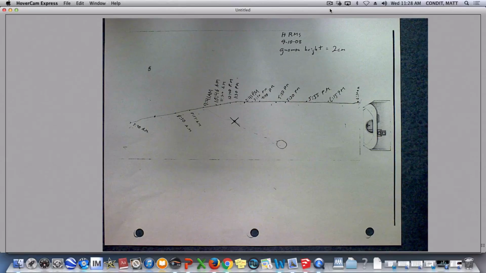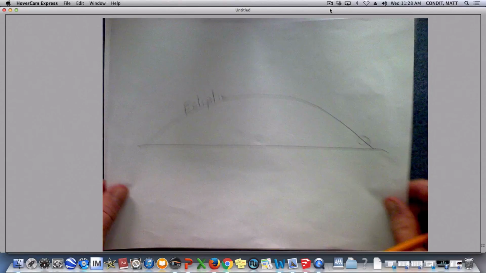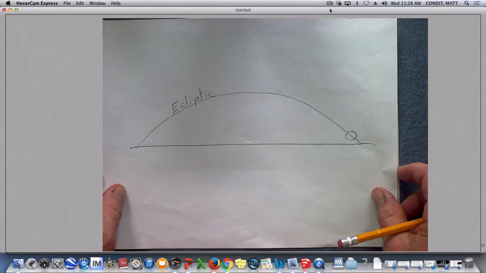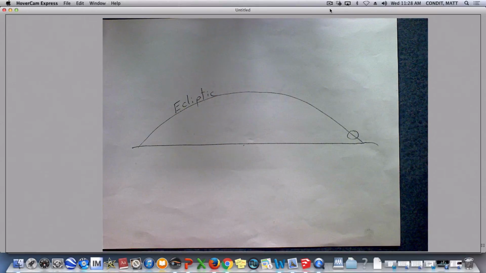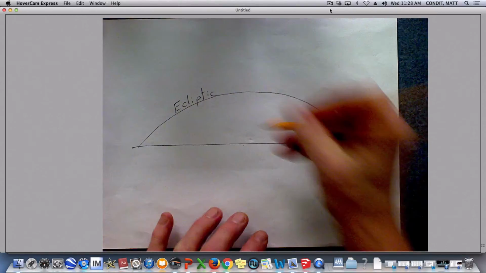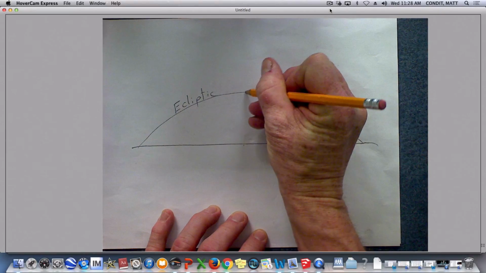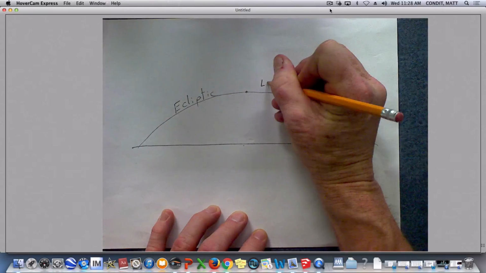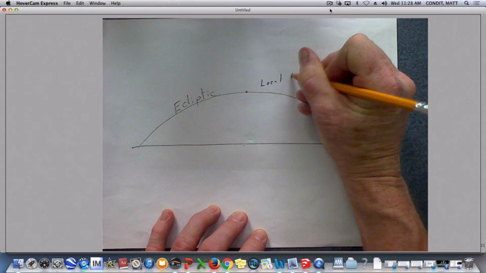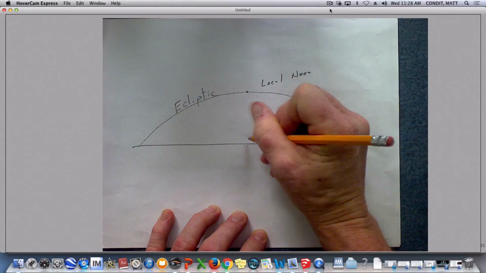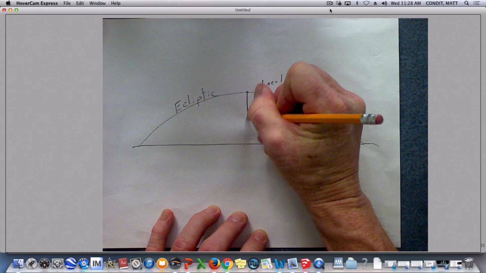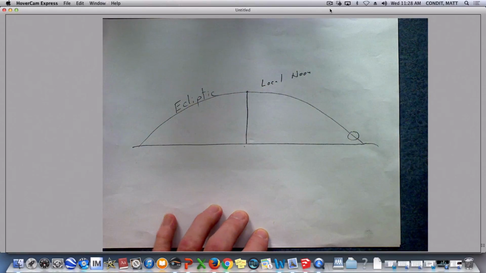And we need to go back and think about our ecliptic. Now, does the ecliptic have a line of symmetry? And hopefully you can see that it does. We've got the highest point on the ecliptic. That highest point has got a special name. It's called local noon. And it basically splits our solar day in 2 equal pieces.